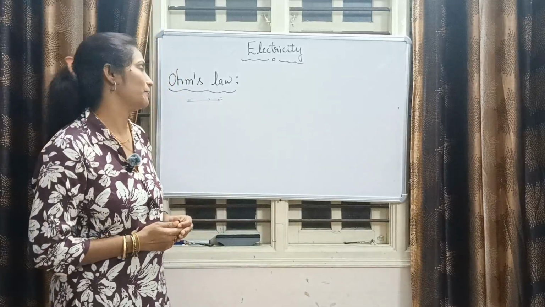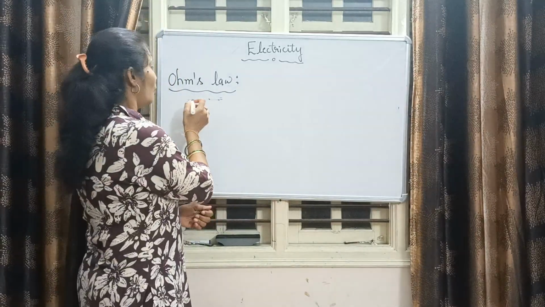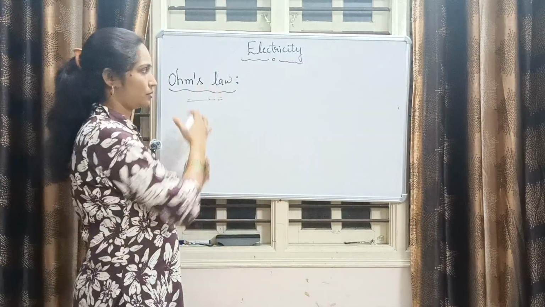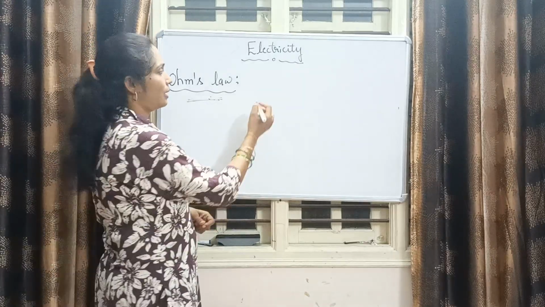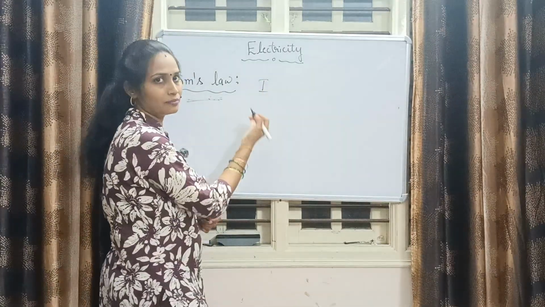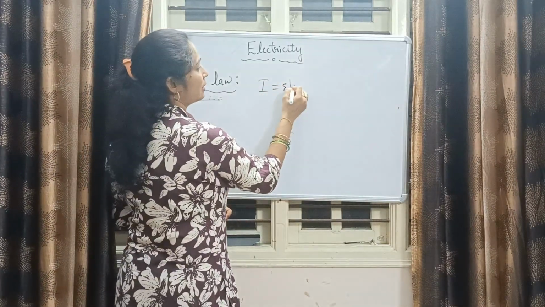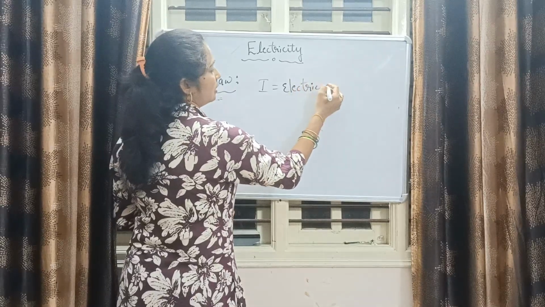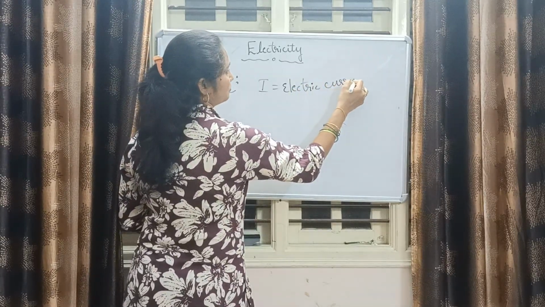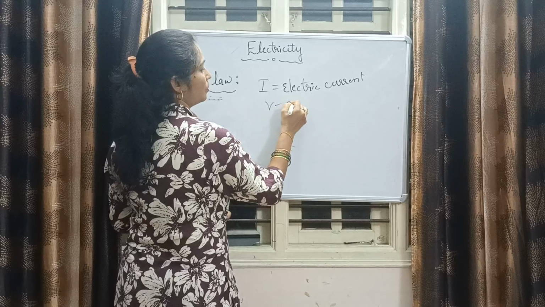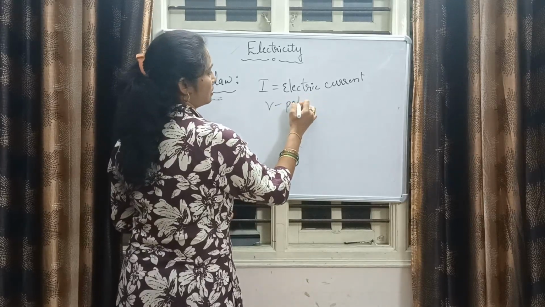Okay. Now, Ohm's law. Before entering into Ohm's law, I'll ask you one question. What is I, guys? It is electric current. Correct? And what is V, guys? Potential difference. Correct?